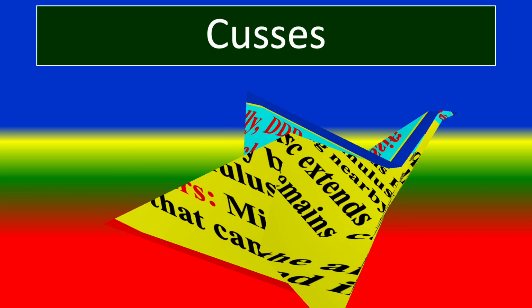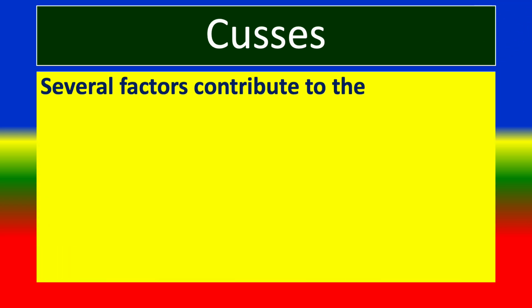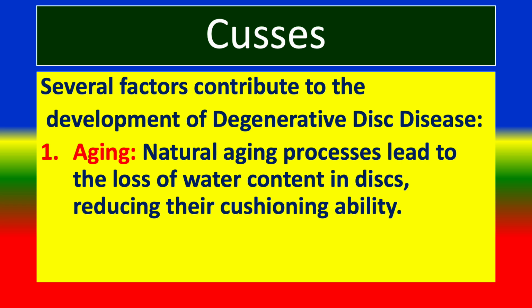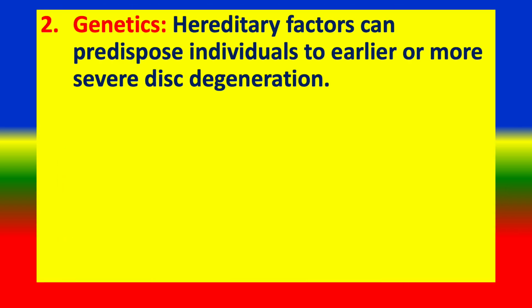Causes: Several factors contribute to the development of degenerative disc disease. 1, aging. The natural aging process leads to the loss of water content in the disc, reducing its cushioning ability. 2, genetics.